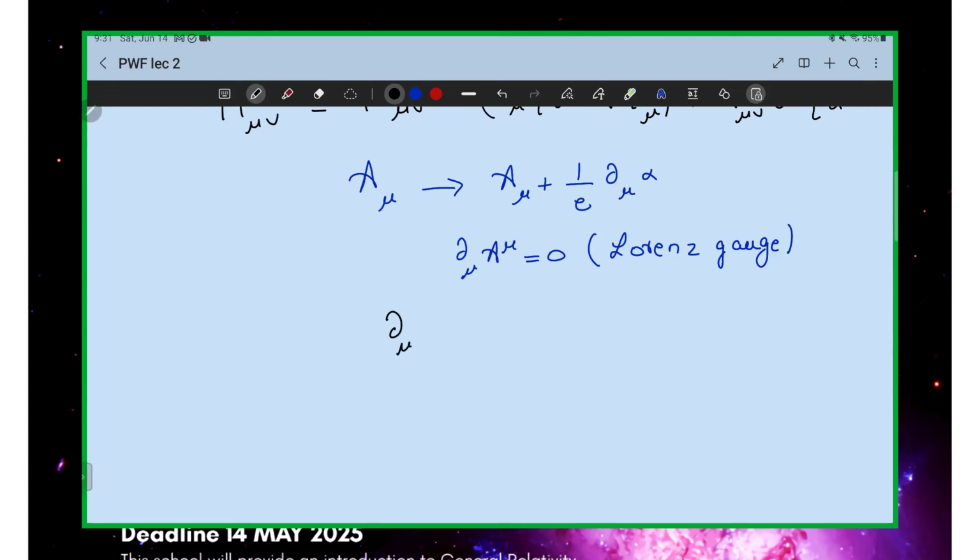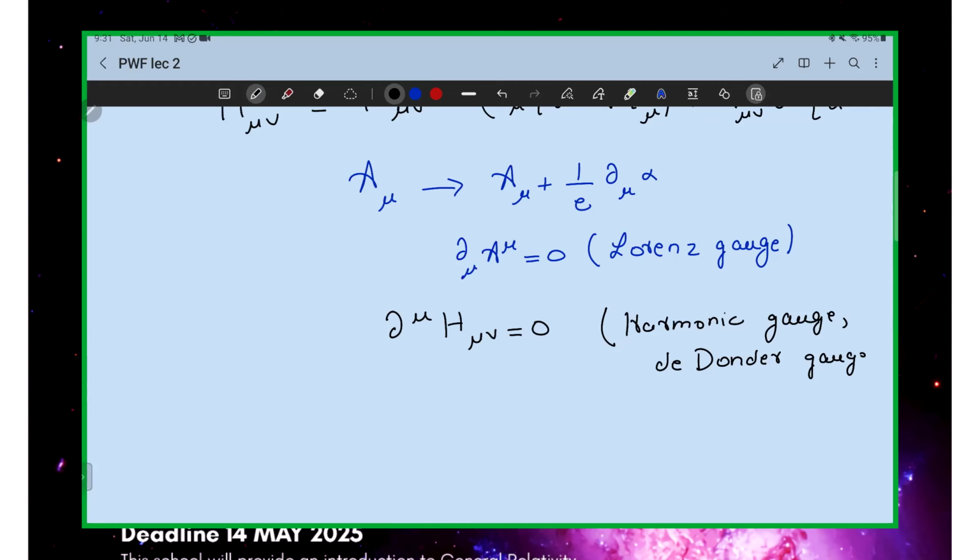Well, right. This is sometimes referred to as the harmonic gauge, or Lorentz gauge. Sorry, no, not Lorentz gauge, of course. It's sometimes referred to as the Redonder gauge. It has different names.